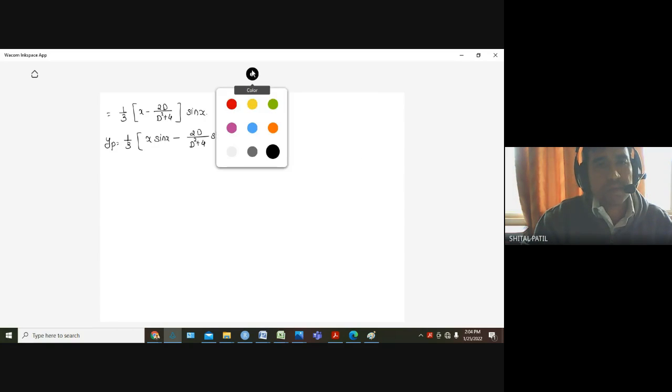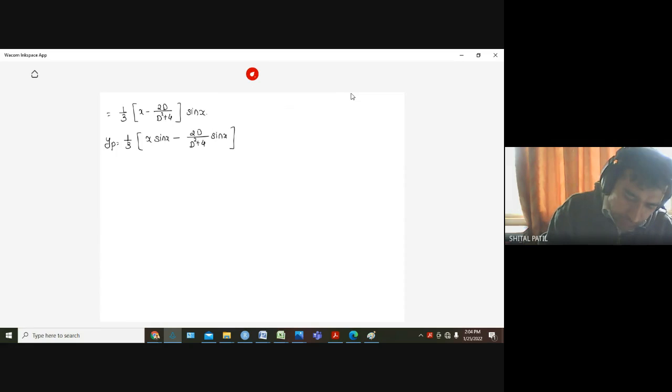Someone may ask, if I operate numerator first, what will happen? No problem, we will get the same answer only. So let me operate the denominator first. D square equals minus a square, that is minus 1. So 1 upon 3, x sine x minus 2D as it is, D square in denominator only, not in numerator, is to be replaced by minus 1, and then sine x. So 1 upon 3 x sine x minus 2 by 3 and then D of sine x.